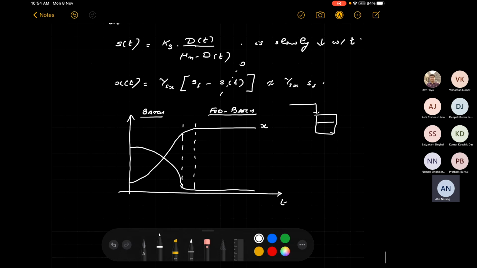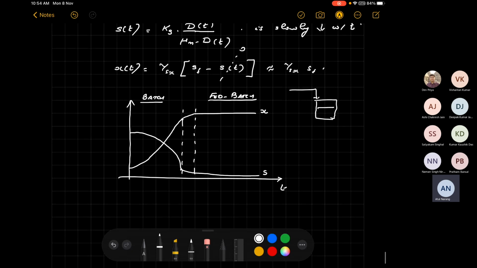So I should correct this graph. And then this quantity will decrease, remaining slow. That's the picture that you will get. So keep in mind that X is almost constant.